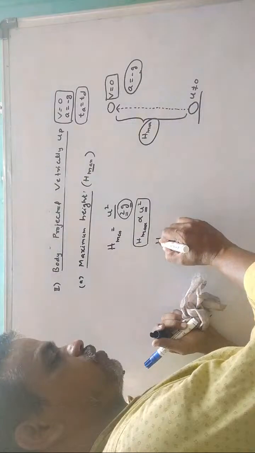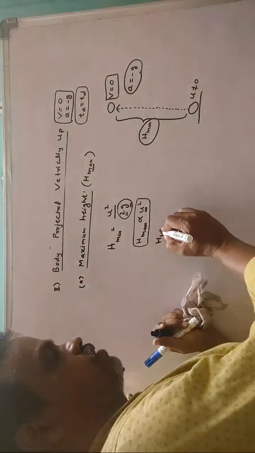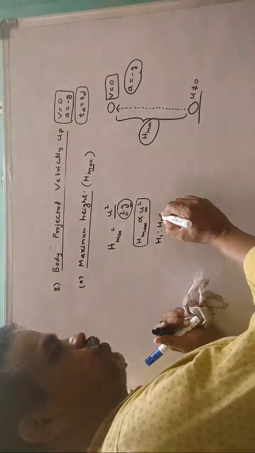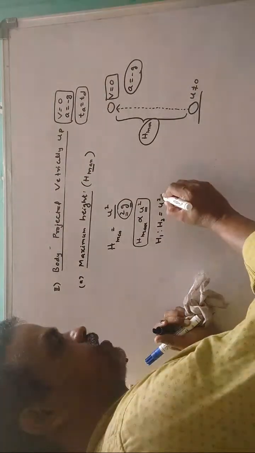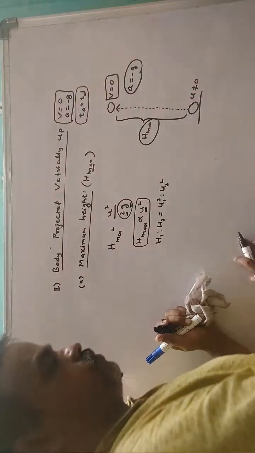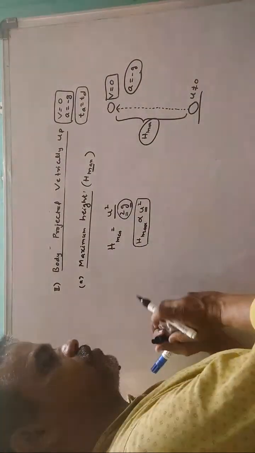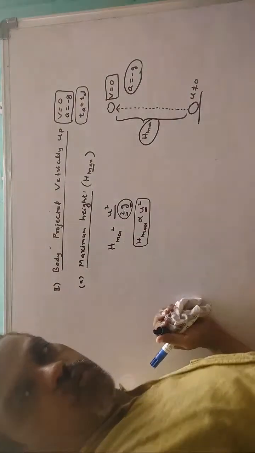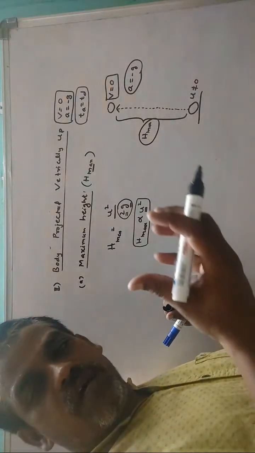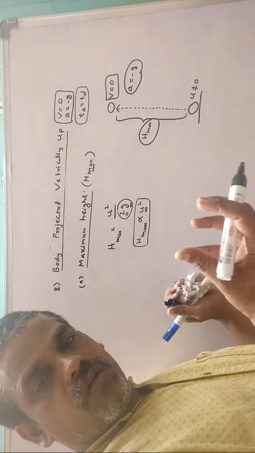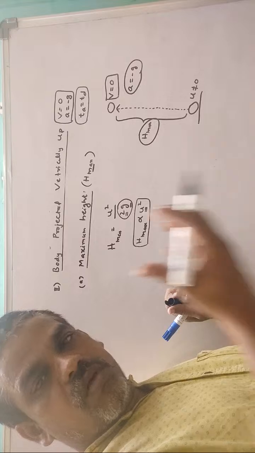So for example we can write like this: h1 is to h2 equal to u1 square is to u2 square. So leave this one, no problem. Just you write this one. h max is proportional to u square. For example, we are projecting a body with 10 meter per second. The body will reach some height.